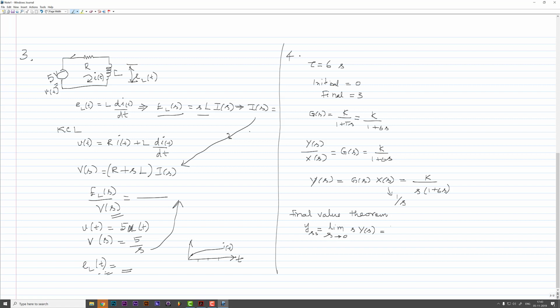Okay, so if you do that, you will get K times limit s tends to 0, this s and this s get cancelled, and what you will have here is 1 plus 6s. So if I apply the limits, it is going to be K by 1, which is nothing but 3, which is given. So that means K is equal to 3.